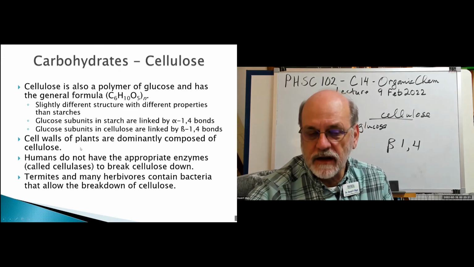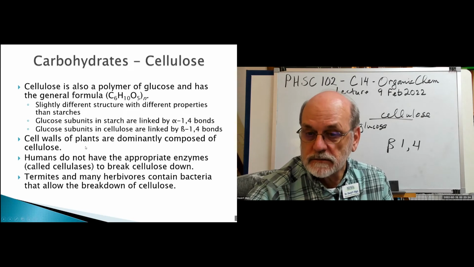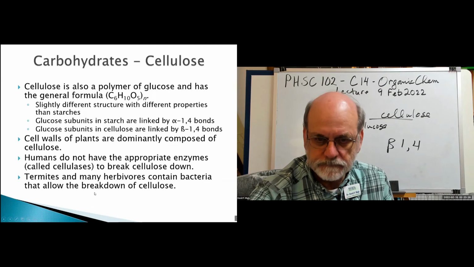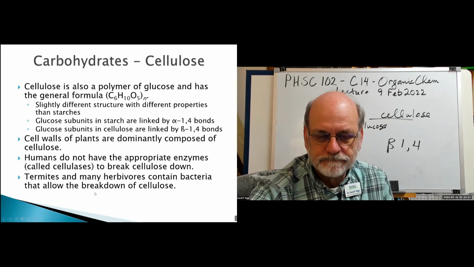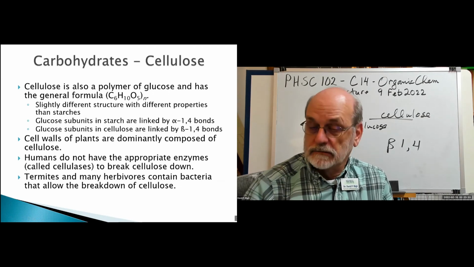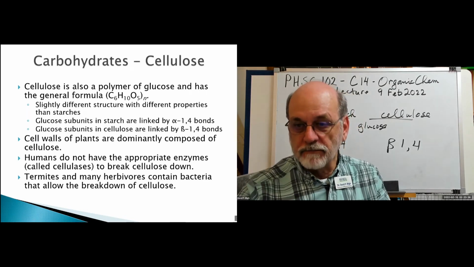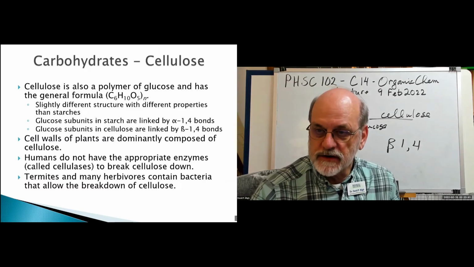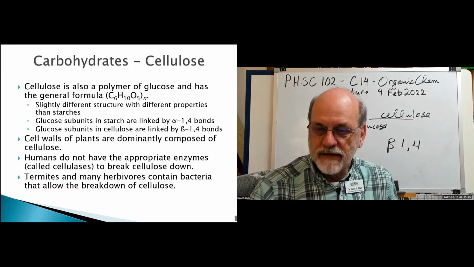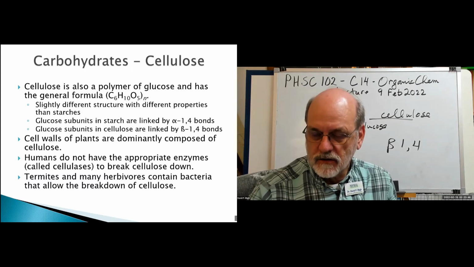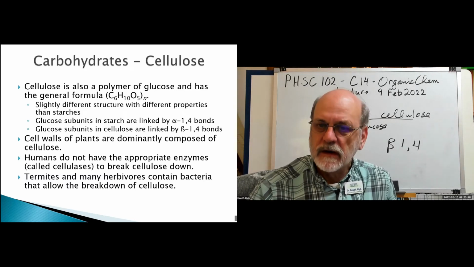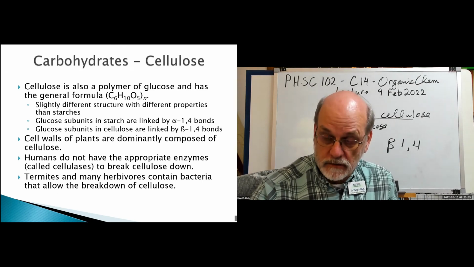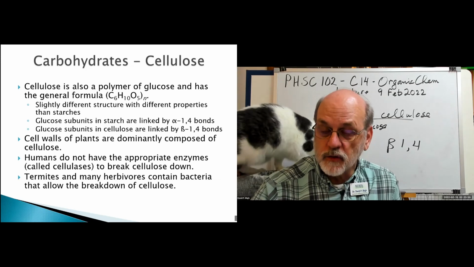Now, where do you find cellulose? In plant cell walls, right? That's the most common place. Cattle, ruminants that have the multi-chambered stomachs, they have symbiotic organisms in their rumen, and they can eat grasses and shrubs and whatever the case may be, and the microorganisms will help break down those cellulose molecules.